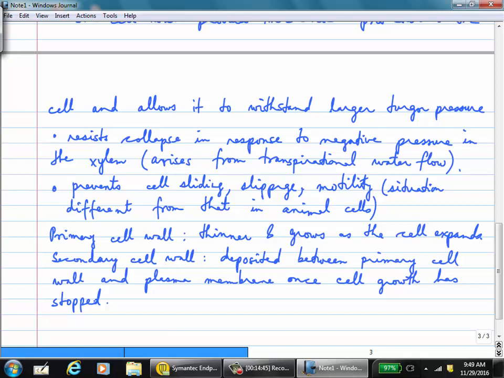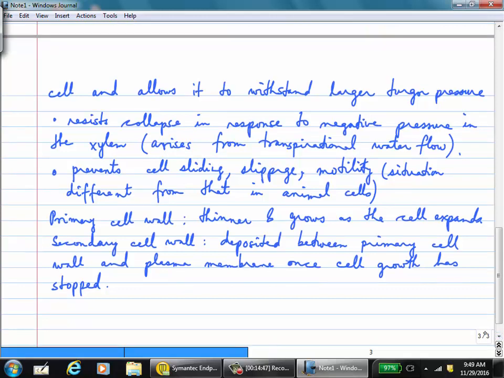Right? And in the case of xylem tissue, because those walls have to be even more reinforced, there's something called lignin that gets deposited in it. And there are multiple layers to make it really hard so that it can withstand the water pressure.